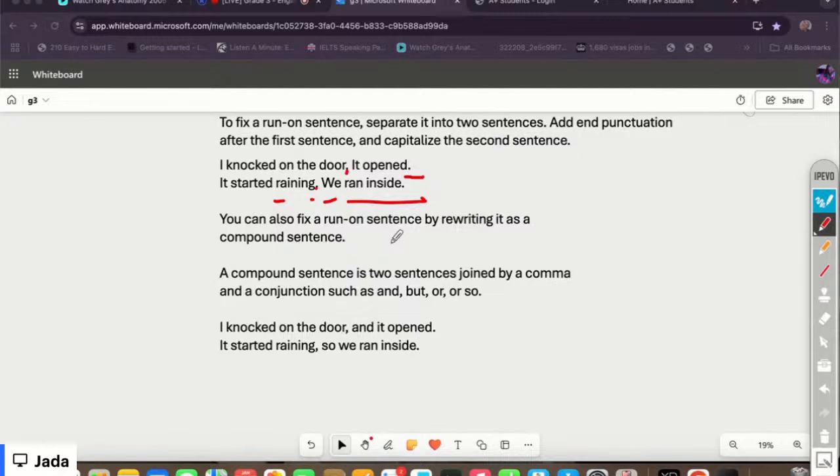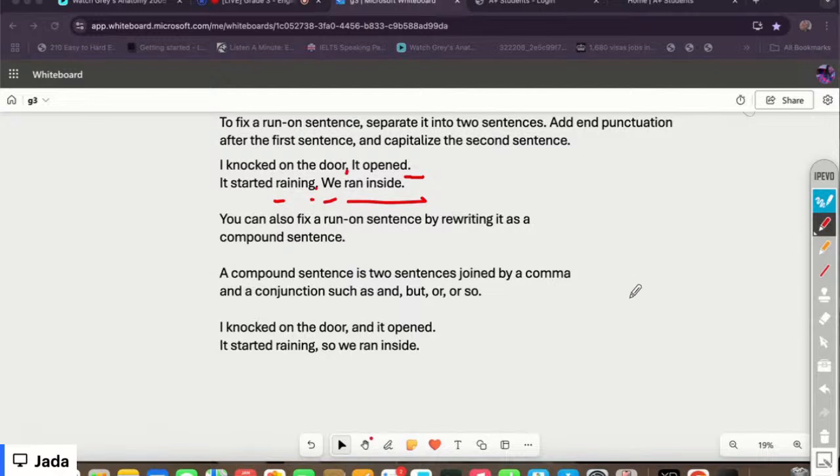You can also fix a run-on sentence by rewriting it as a compound sentence. A compound sentence is two sentences joined together by a comma and a conjunction. So it's not supposed to have just the comma, it's supposed to have the conjunction to complete it.